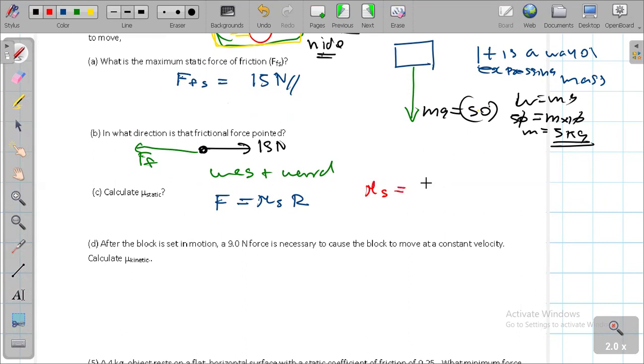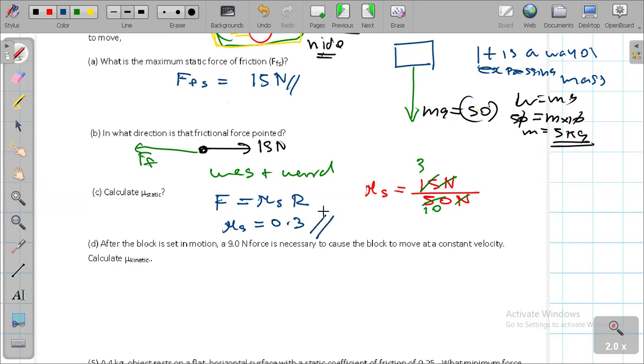Mu s equals the frictional force, 15 Newton, over the reaction, 50 Newton. Newton and Newton cancel, giving 3 over 10. What about mu s? 0.3.